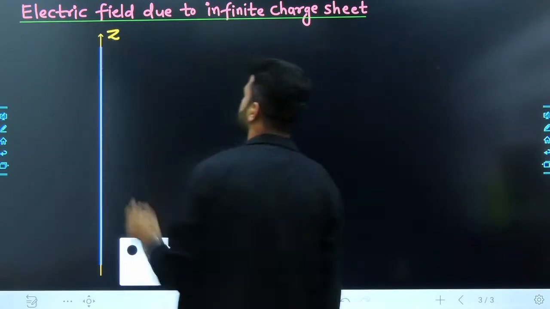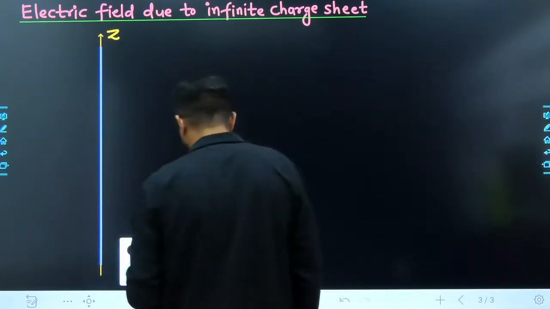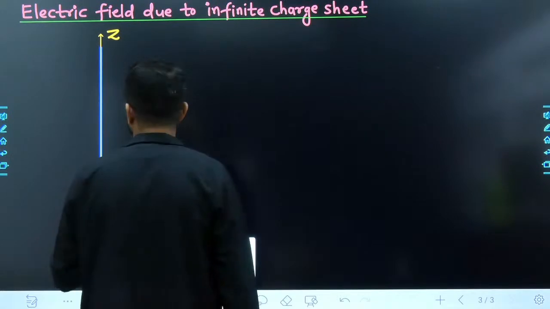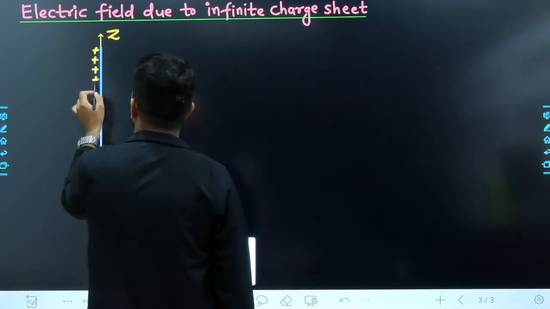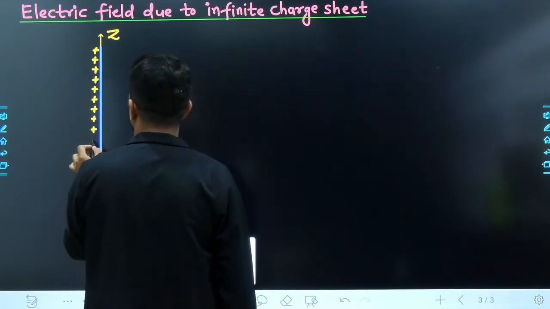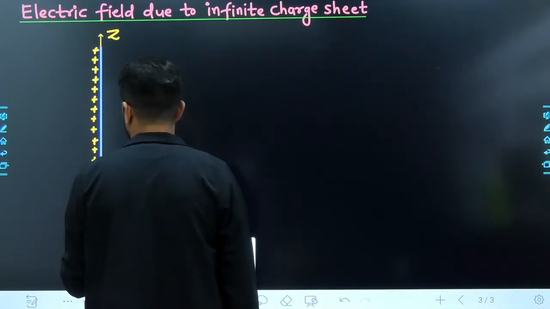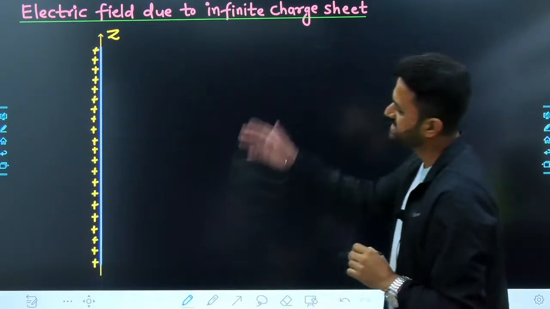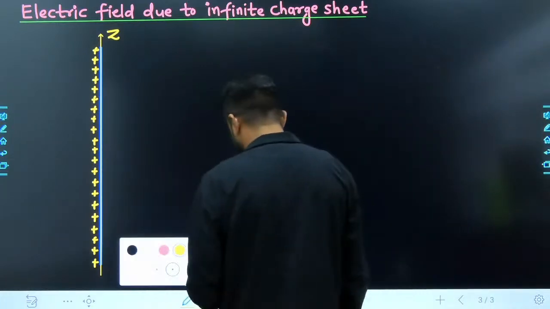We have kept the line charge along the z axis, and the charges are present here. Like this, the charges are present throughout the line.